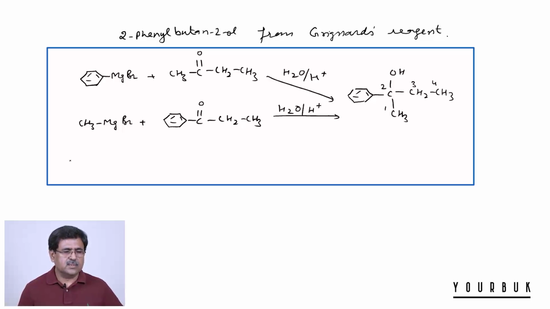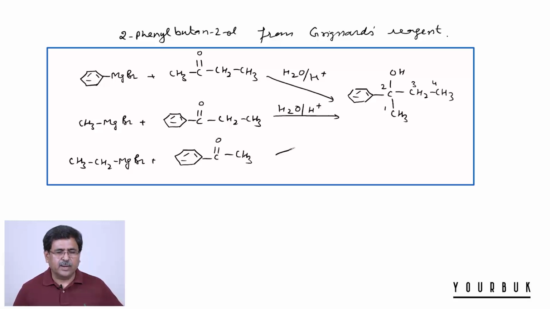And the third possibility is using ethyl magnesium bromide and reacting it with acetophenone, followed by hydrolysis. So this 3 degree alcohol can be prepared by 3 different combinations. So that is the use of Grignard's reagent, but remember 3 degree alcohols you can prepare only by using Grignard's reagent. So this is all about the nucleophilic addition reactions of aldehydes and ketones.